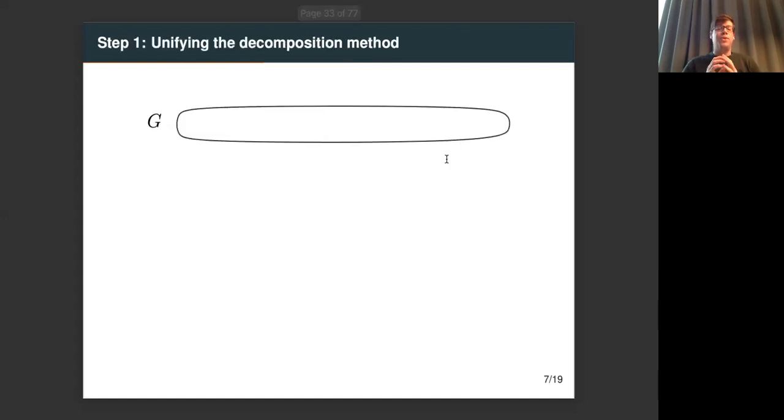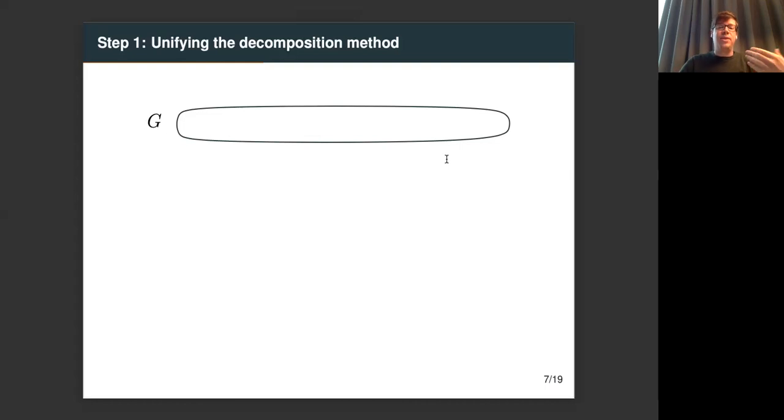Okay, so if you want to unify width measures, there are two things that you have to take care of. First, you have to unify the way that you define the decomposition. And there is one way that is very commonly used, and I think that it has a very nice motivation in terms of algorithmic applications of width measures, which I want to show you now.